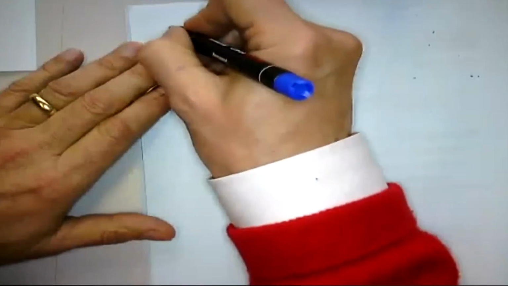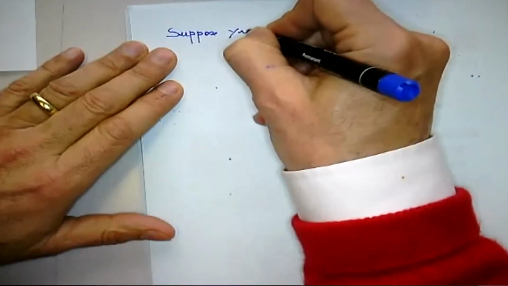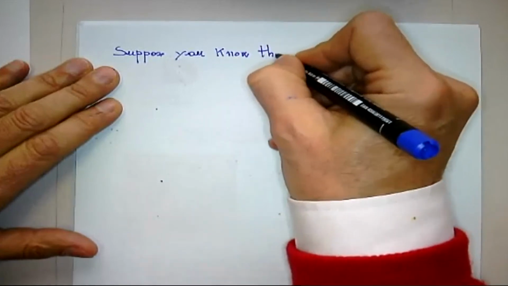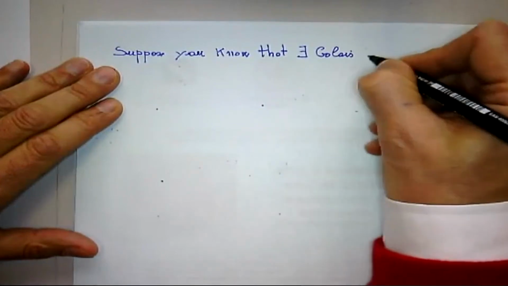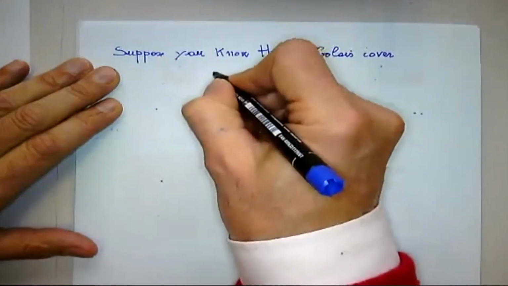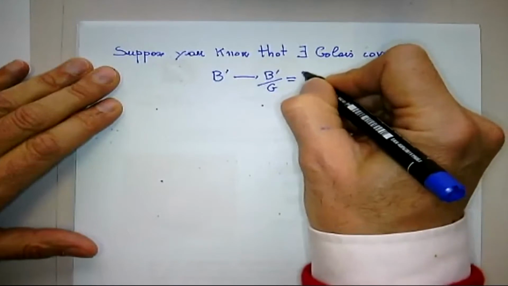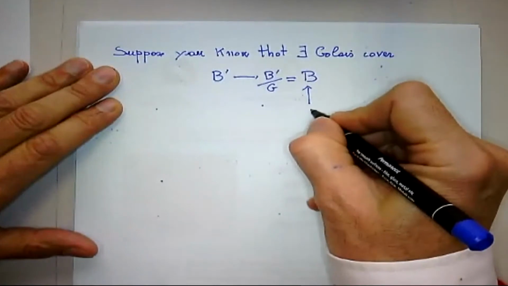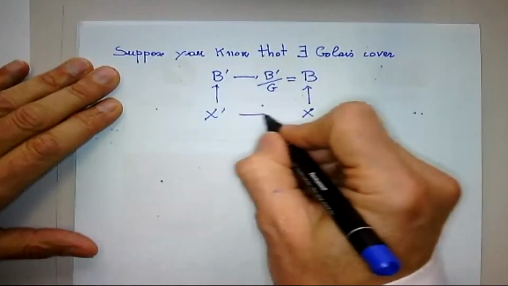Suppose you know that there exists a Galois cover, B prime with B prime divided by G equal to B. We have our X, we have our X prime.